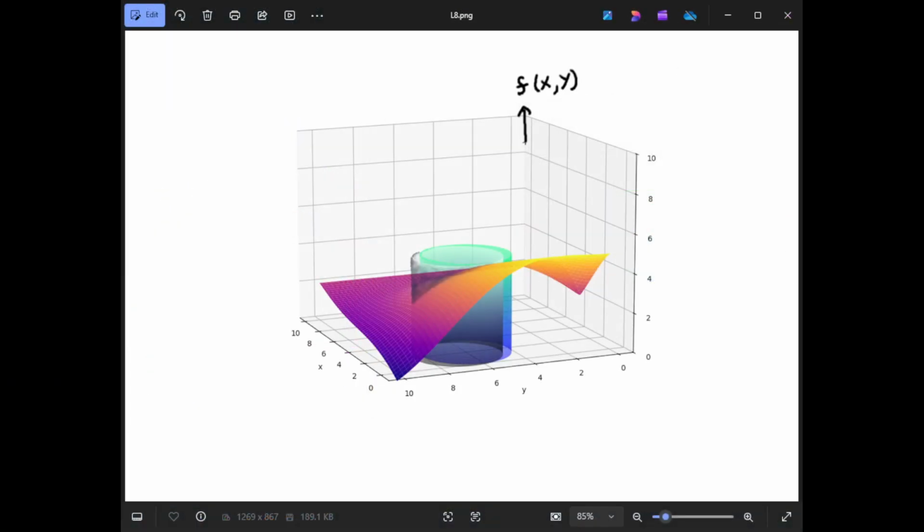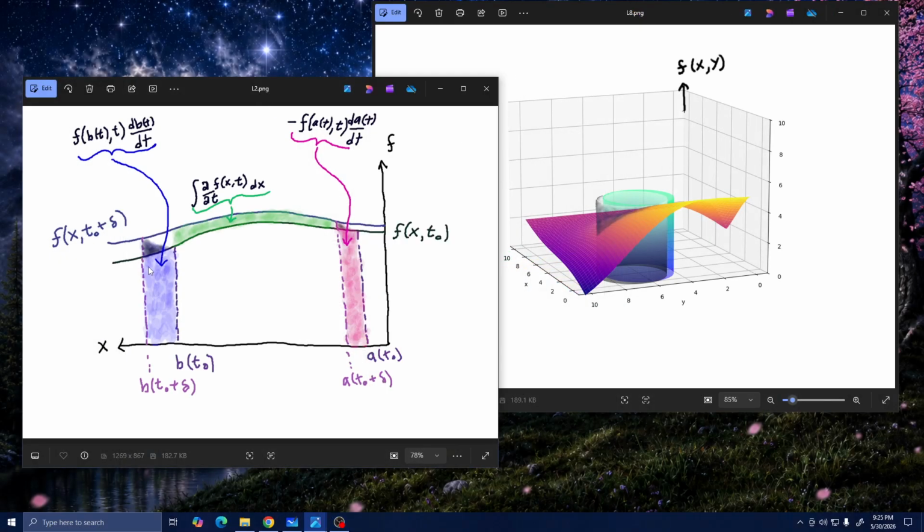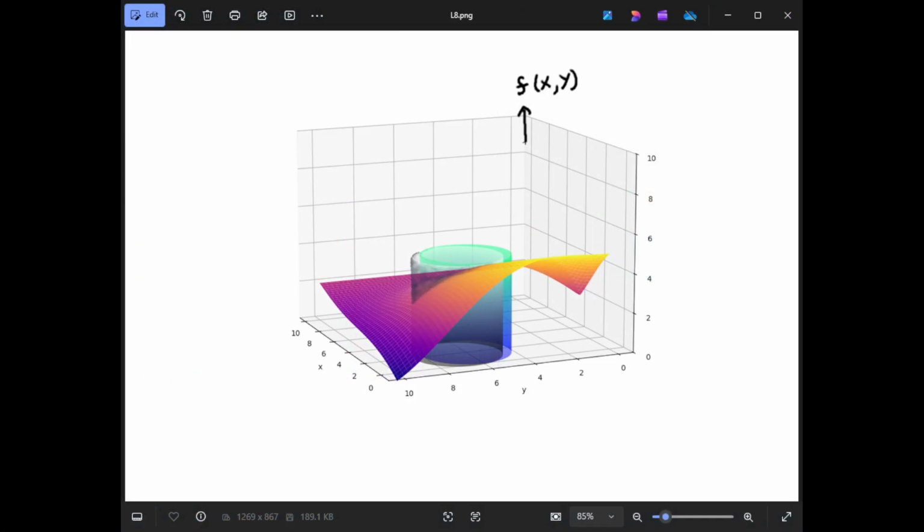So the goal now is to basically find the area under each of these slices, which is basically the equivalent of finding the areas under here and here. Shrinking that. Okay.